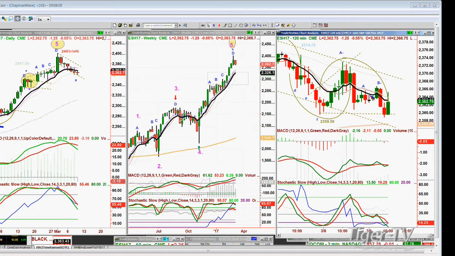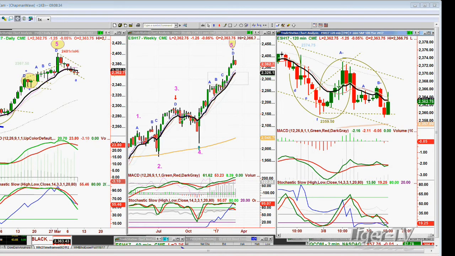Now, Larry doesn't use moving averages. I do. 2362.75 was the 9-period moving average, but that's not the issue. The issue is that there has to be a rally and a close above the left side peak of the first peak of significance. In this case, it's this peak right here that was made at 4 o'clock this morning, Eastern Time, at 2366.75.